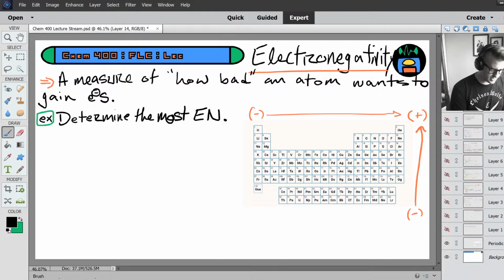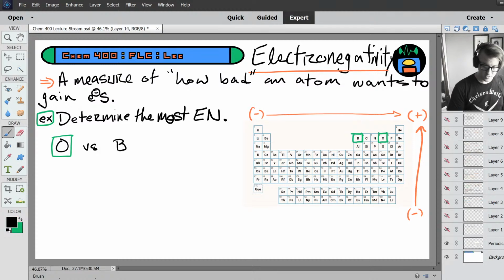So, let's do some examples. Let's go for oxygen versus boron. All right, in oxygen versus boron, they're both on the same row, but we know whichever one is further to the right is more electronegative, so oxygen wins out.